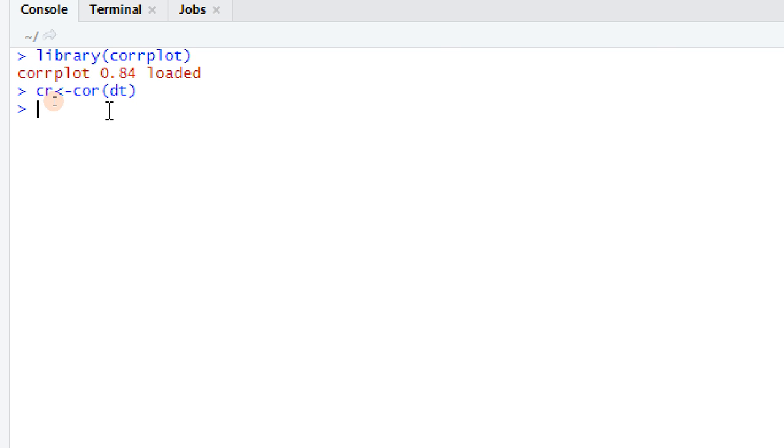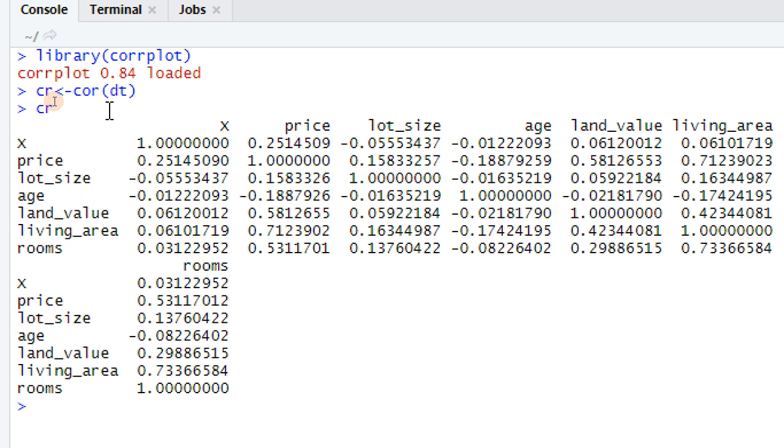So I will print CR here. This is the output that comes from CR. This output is giving some insights. We cannot find such insights by looking at the data, but we can visualize this data to find the insights. Let's see what correlation is.